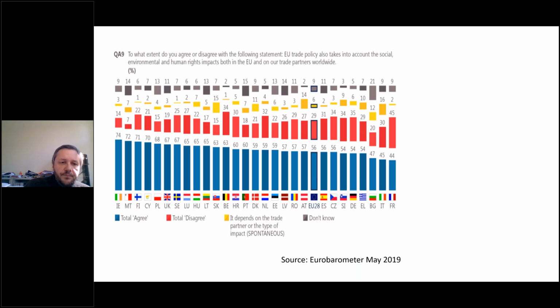On the other side, the countries where citizens think that the EU is really promoting values through trade are Ireland, Malta, Finland, Cyprus, Poland, UK, and Sweden. That's on your left-hand side, and that's a bit at odds with what some of you responded to the poll.